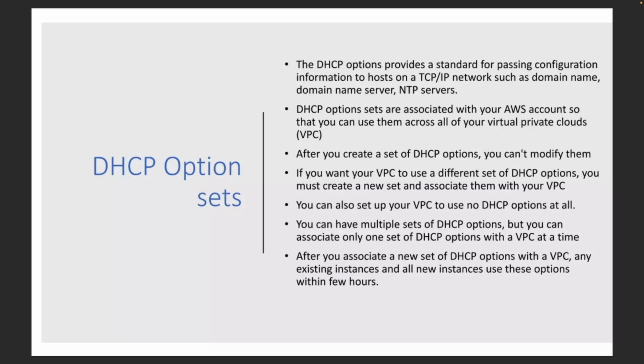You can have multiple sets of DHCP options, but you can only associate one set with a VPC at a time. This prevents conflicting configurations. After you associate a new set of DHCP options with a VPC, any existing instances and all new instances automatically use these options within a few hours. The gradual rollout prevents disruption.